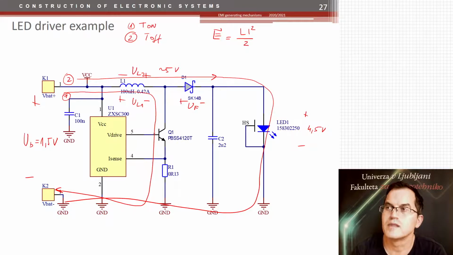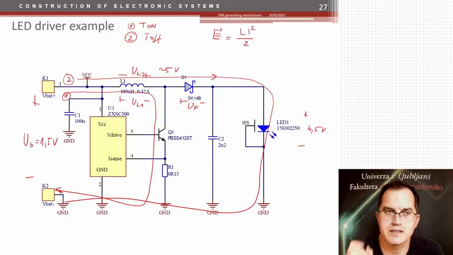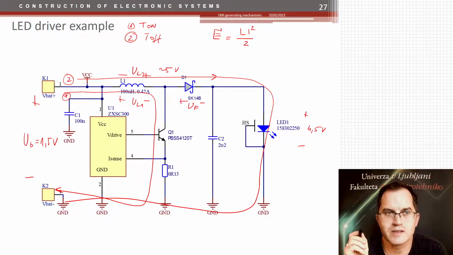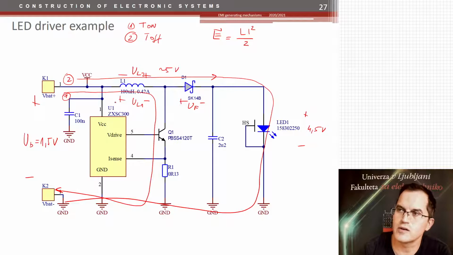Now, the question is, where are the critical parts of this circuit? Okay, we'll start with current loops. Where are the current loops which are the most important in terms of high frequency content? First of all, the current through the coil cannot change immediately.